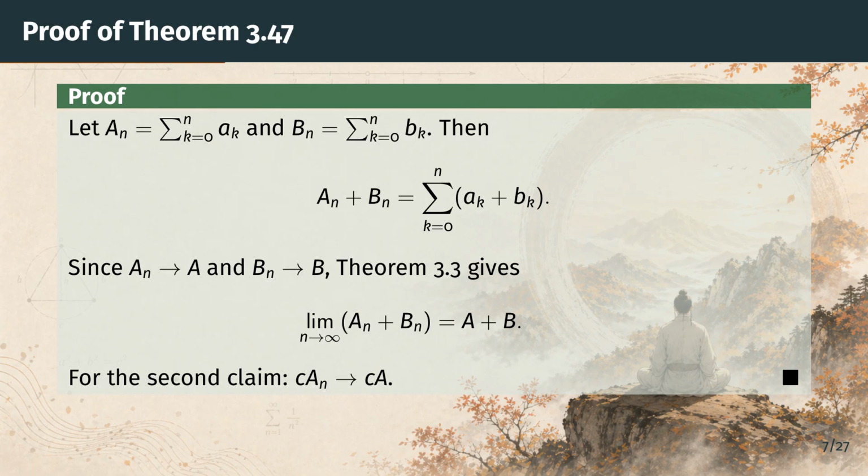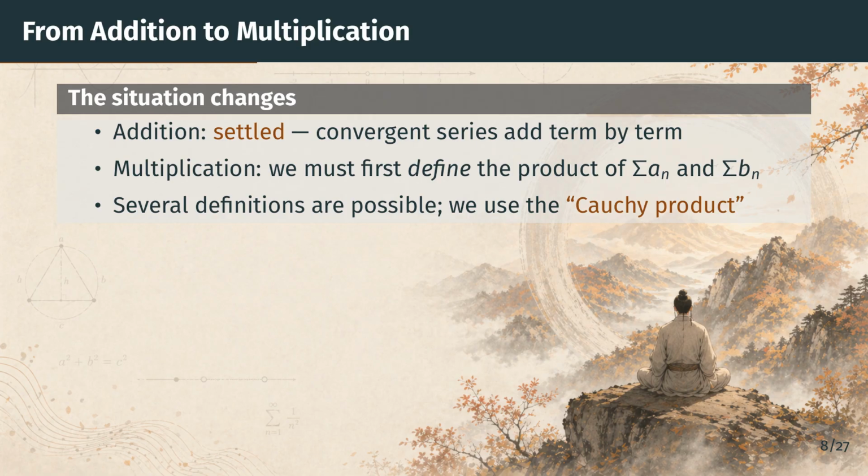That finishes addition. Now we turn to the genuinely interesting question, multiplication. Let's pause and take stock, as the remark on the slide does. Two convergent series may be added term by term, and the resulting series converges to the sum of the two sums. The situation becomes more complicated when we consider multiplication.